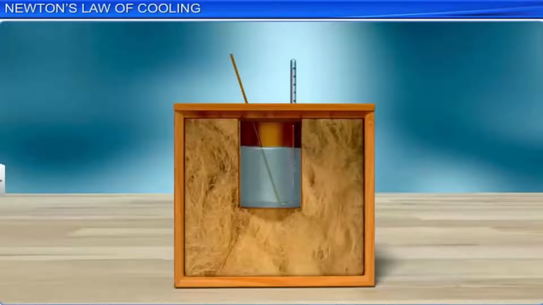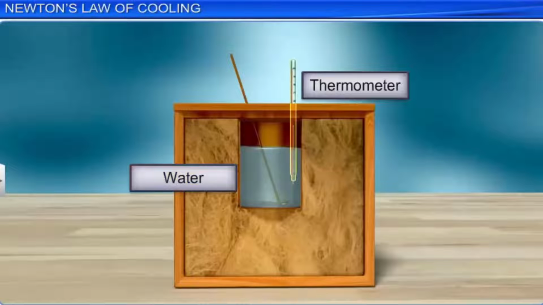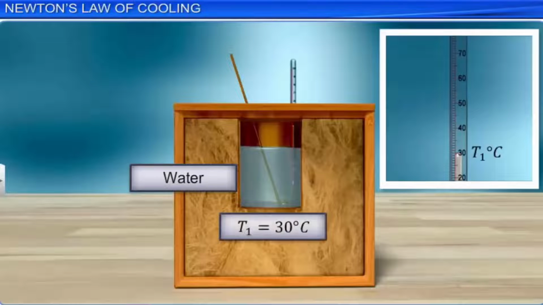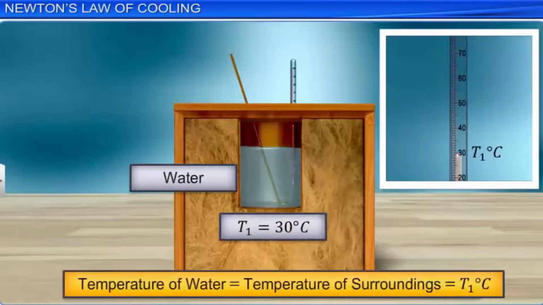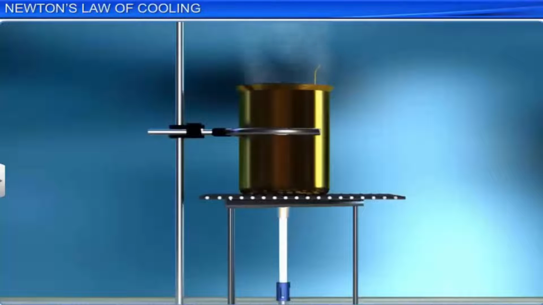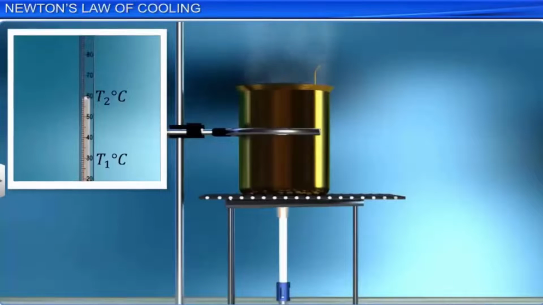Let's take some water at room temperature in a calorimeter and place in it a thermometer. If the temperature of the water is T1 degrees Celsius, then the temperature of the surroundings is also T1 degrees Celsius. Now, let us first heat the water in the calorimeter to raise the temperature to say T2 degrees Celsius, and then stop heating and allow the water to cool.